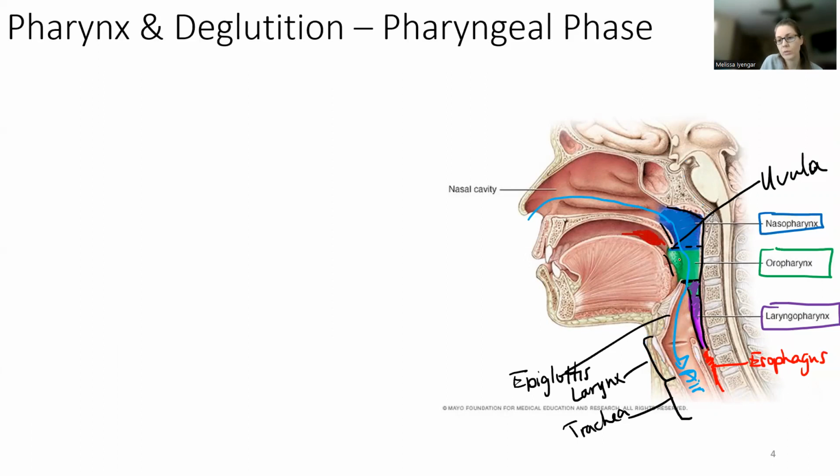And our bolus is starting to move towards the oropharynx. Essentially, in the pharyngeal phase, I want to make sure that my bolus goes from the oropharynx and the laryngopharynx, and I'm starting to push it to the esophagus. So the first thing that is going to happen is that our tongue pushes the bolus to the oropharynx.